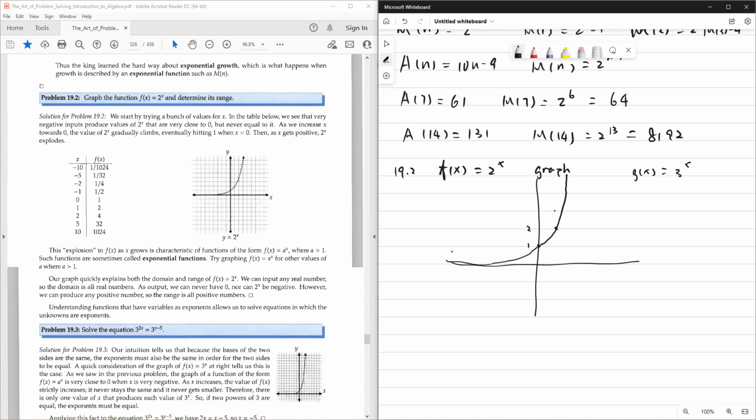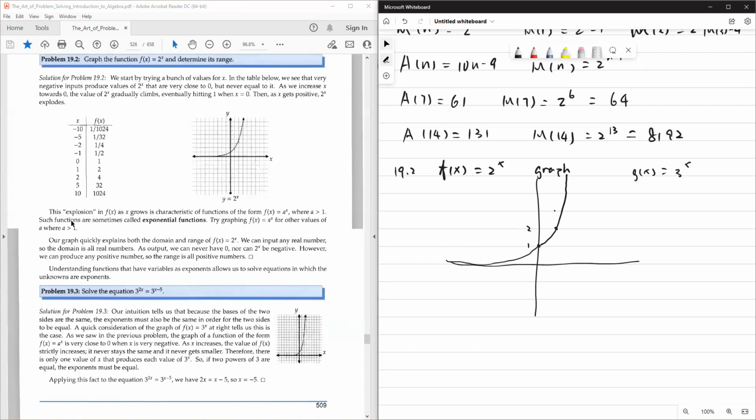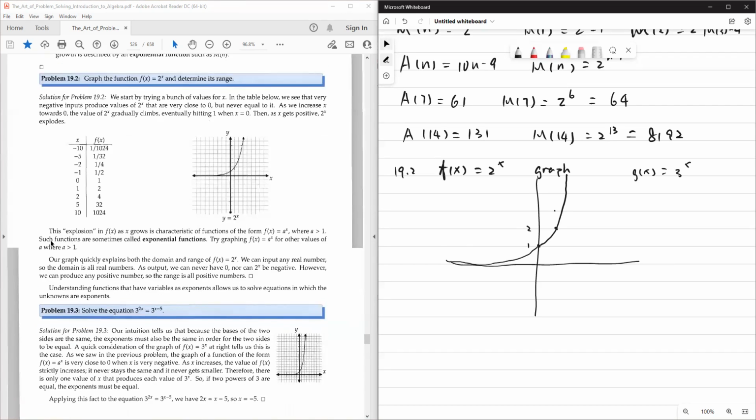It will explode even faster, but they all get very close to 0.